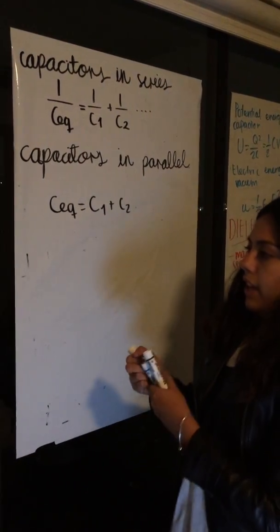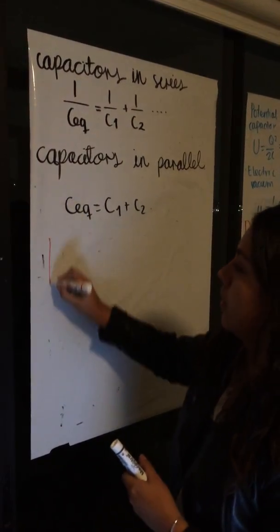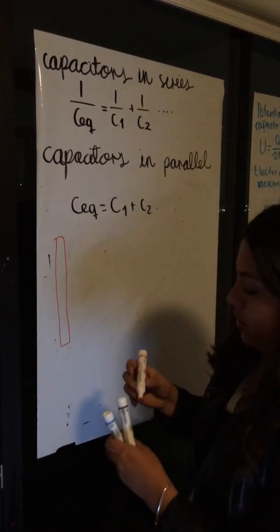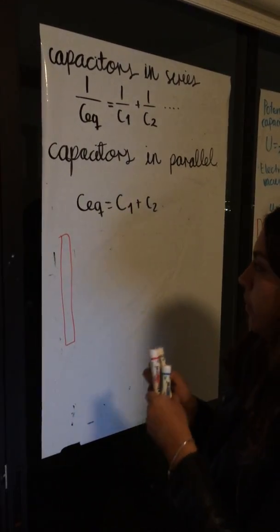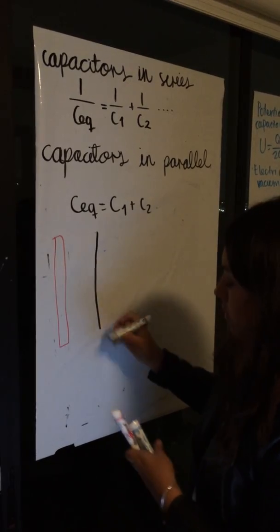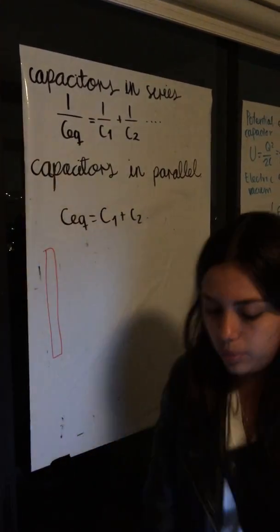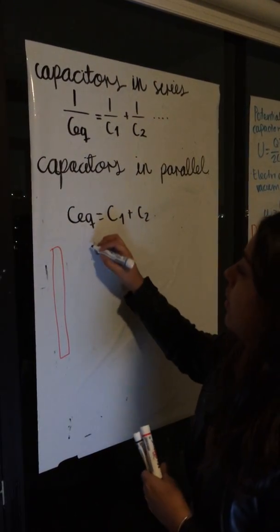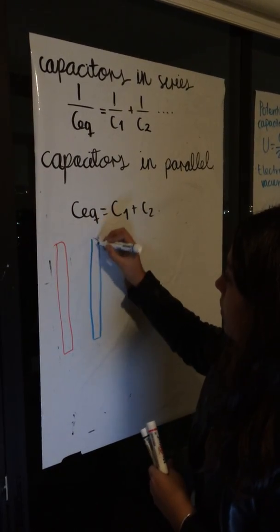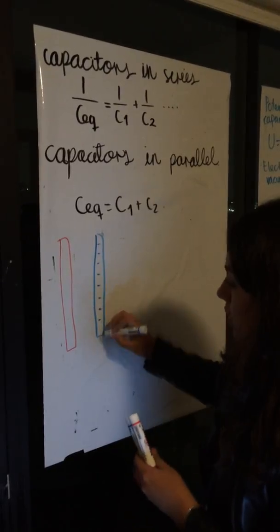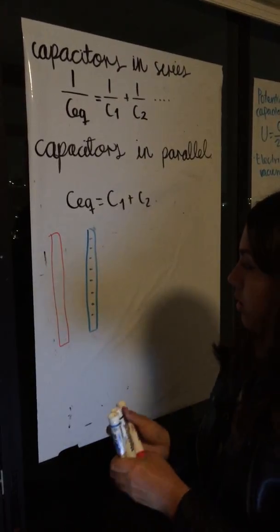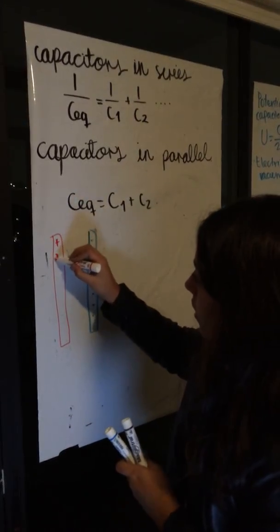So imagine we again have our positive plate and our negative plate. Oh, this one's black. I didn't want it black. I want it blue. And the negative plate. I'm gonna put some negative signs. And here's some positive signs.